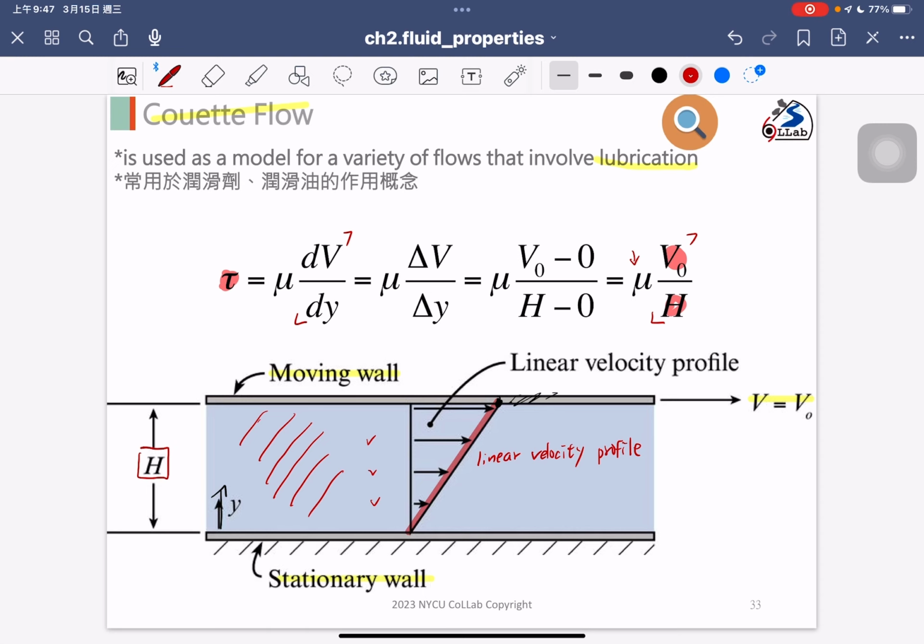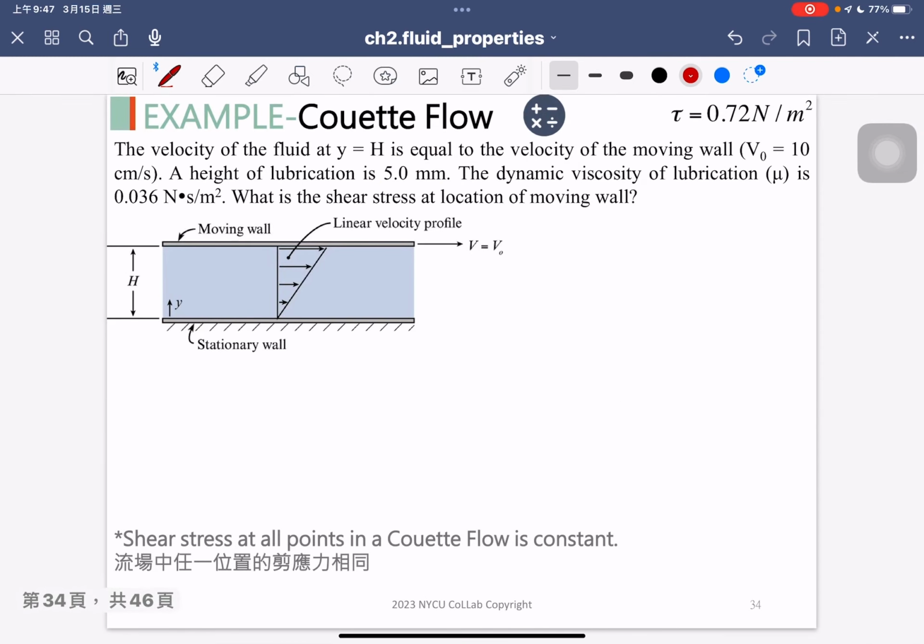Okay, so this is a very important idea. So we have the exercise, and we can figure out how to apply the Couette flow.